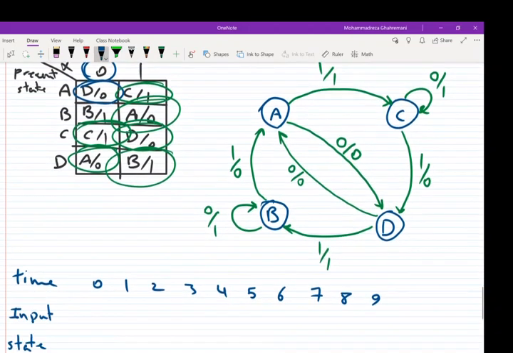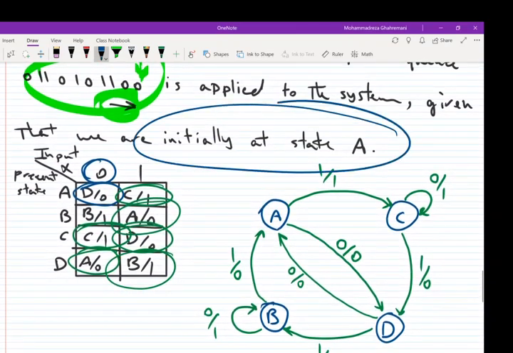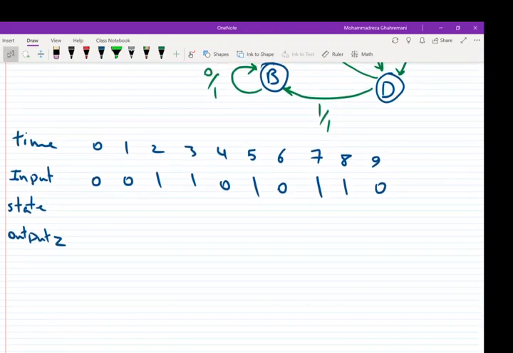So we copy those inputs here. So it's 0, 0, 1, 1, 0, 1, 0, 1, 1, 0. Okay. And what was the initial state? The initial state is state A. We need that initial state here. So we are in state A.